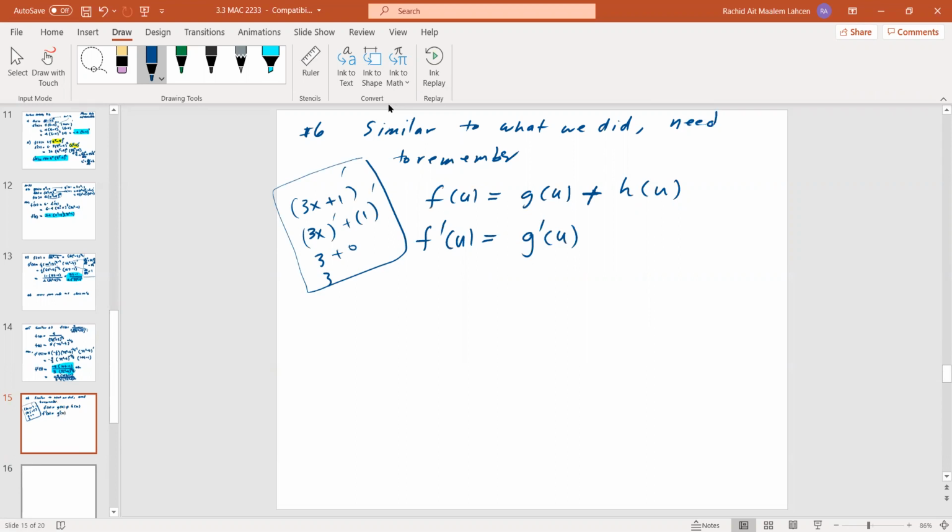Then you work on it by itself, then you do plus, and you work on the derivative of h by itself, and you do that plus that one for your answer. If you see that they don't combine, they have weird stuff, then you leave them as they are. You just write them as a sum. So let's look at something that's a little bit different. I think we can do number 7.